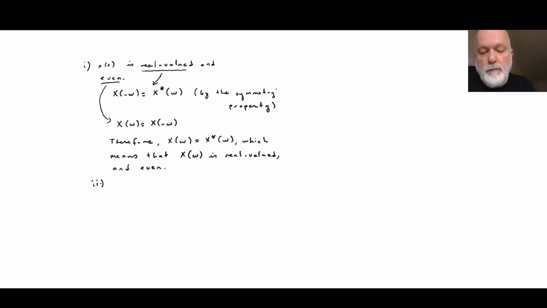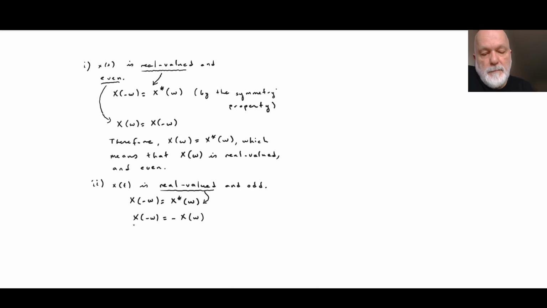Okay, what about the case x of t is real valued and odd? So again, X of minus omega is equal to X conjugate of omega. This is due to the fact that x of t is real valued. And X of minus omega is equal to minus X of omega.